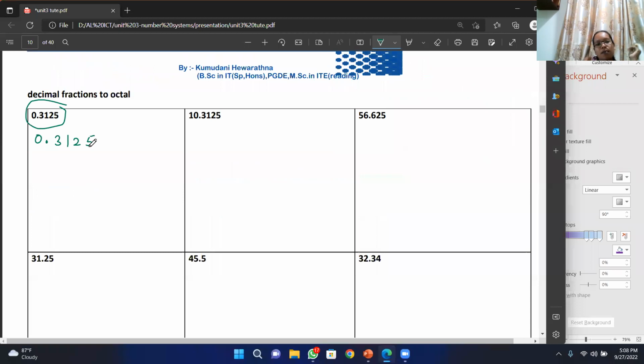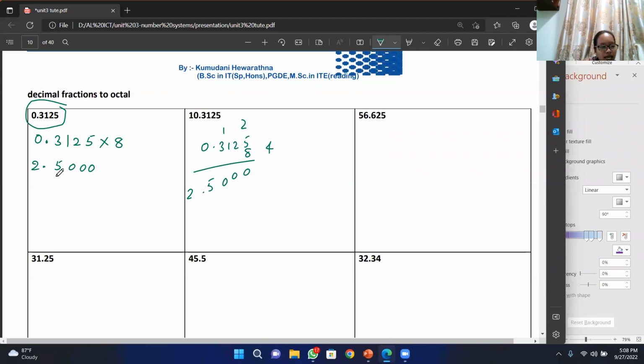Page number 10. First one, we'll do this one first. 0.3125. No whole number part there. So just take it as it is and multiply by 8. How much is that? 3125 multiplied by 8. 2.5000.